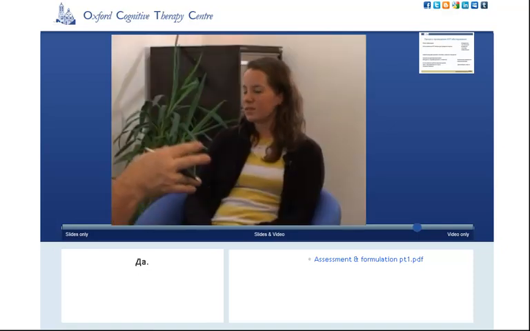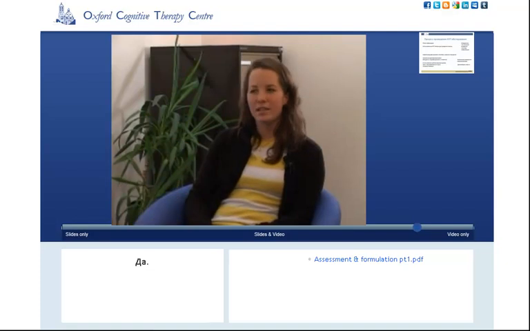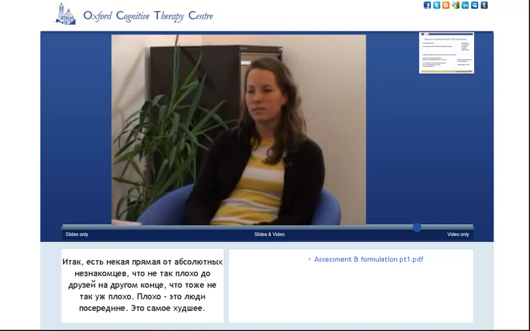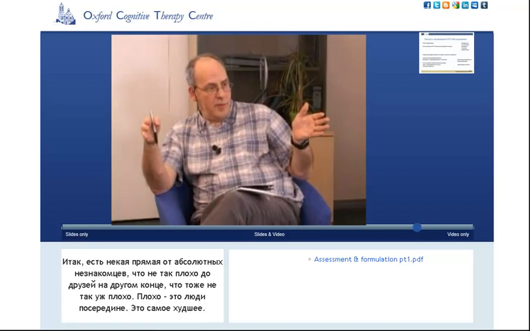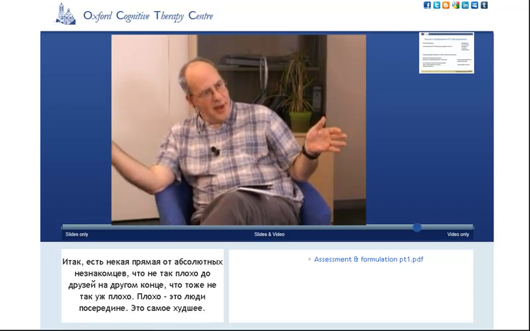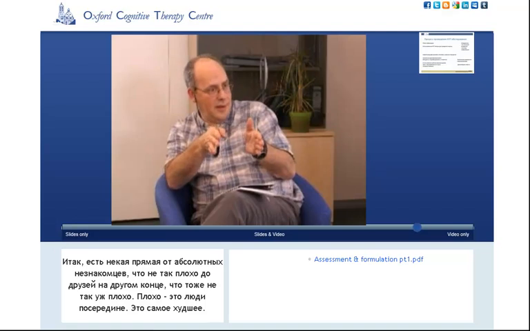So people who know you but don't really know you? Yeah. Like acquaintances, people that know of you. Yeah. Okay. Yeah, exactly. So there's a continuum from complete strangers who are not so bad, and at the other end, friends who are not so bad, but it's the people in the middle who are the worst.